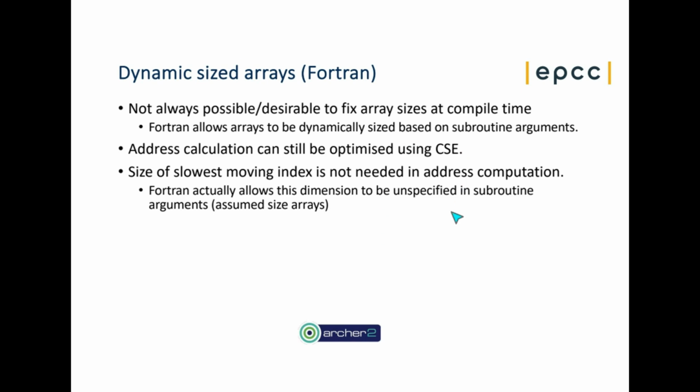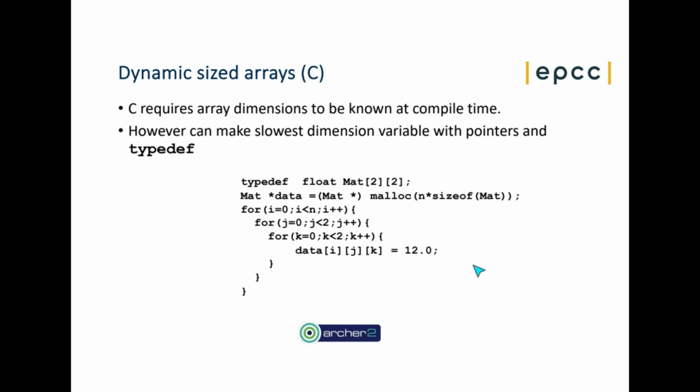But the address calculations can still be optimized by the compiler doing common sub-expression elimination, and the size of the slowest moving index is not needed. That's why Fortran allows you to not specify that in subroutine arguments, so it allows assumed size arrays.